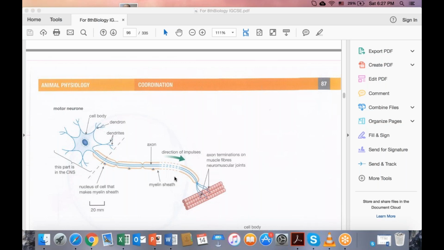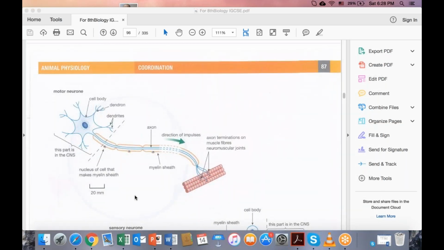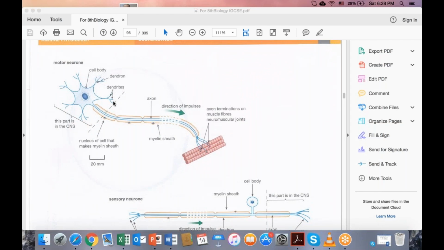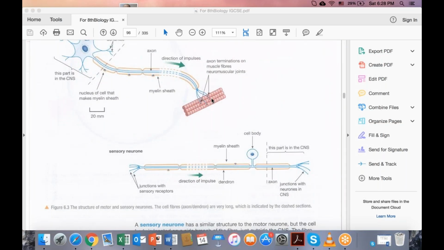So like a wire, as you know, in your charger there is a wire, and on it there is also an insulator. In the same manner we have such a structure in our body, in our motor neurons. From the motor neuron, you can see that from our spinal cord we get a message, and then we send this message to our effectors.